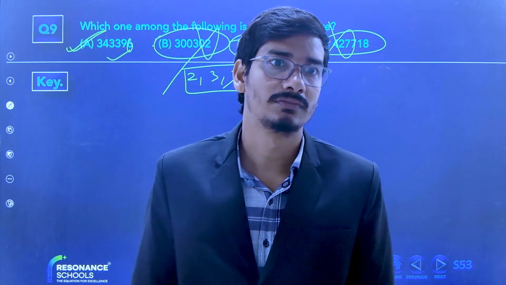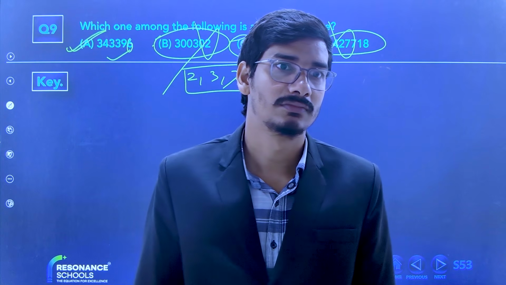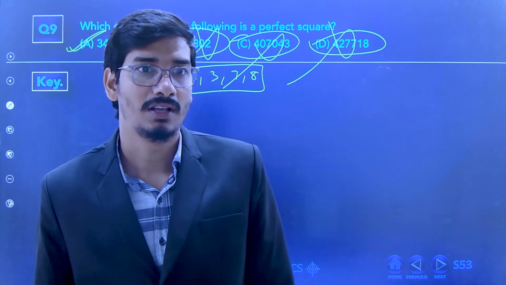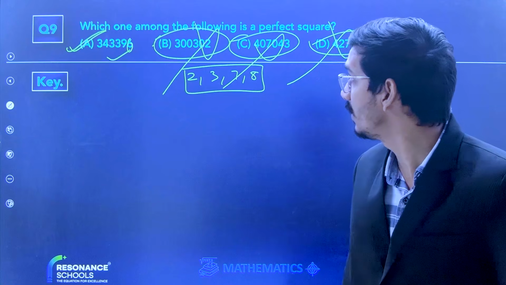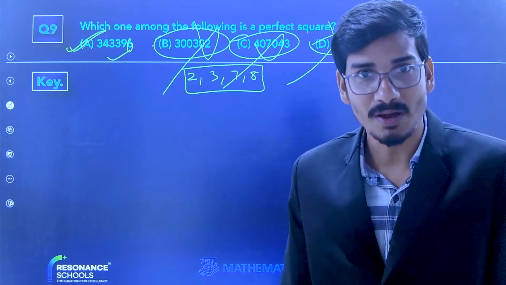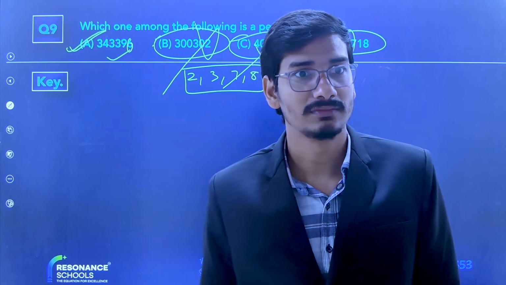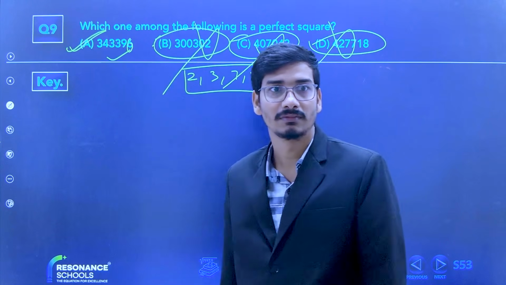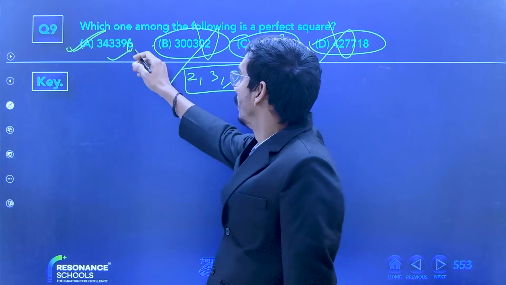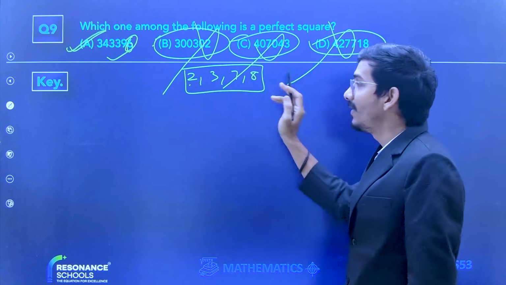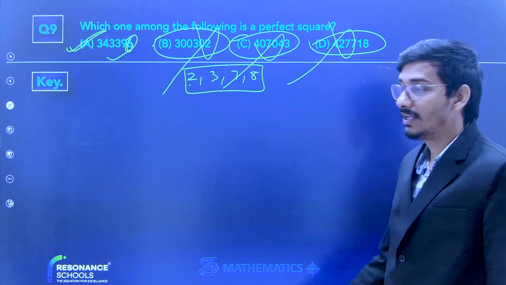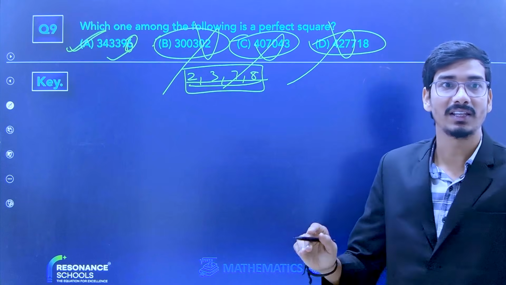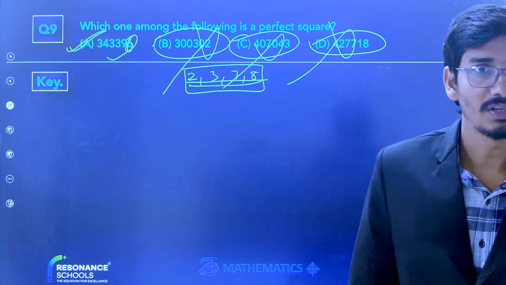I'm writing 2, 3, 7, 8, not 6. If the unit place is 2, 3, 7, 8, then that number is not a perfect square.